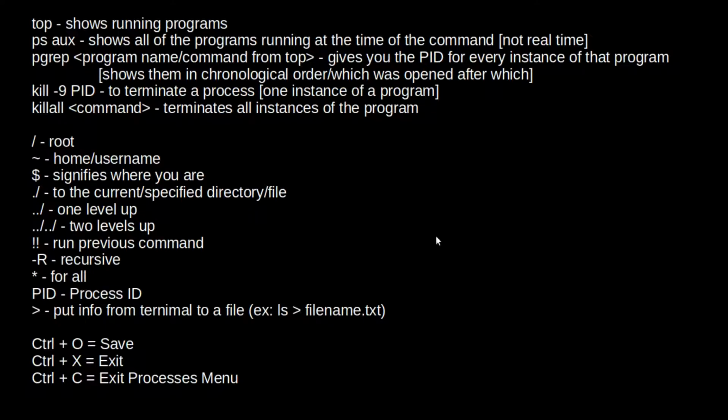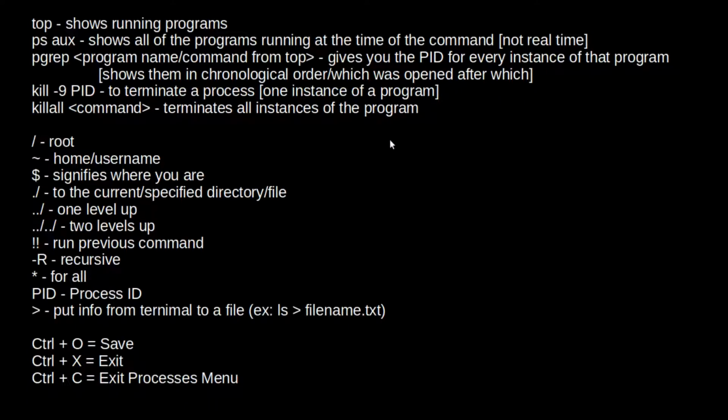It's gonna update whatever you do. pgrep is pgrep program name, or command from top. In top, the program names are listed as commands. It gives you the PID for every instance of that program, and it shows them in chronological order, which means which was opened after which.